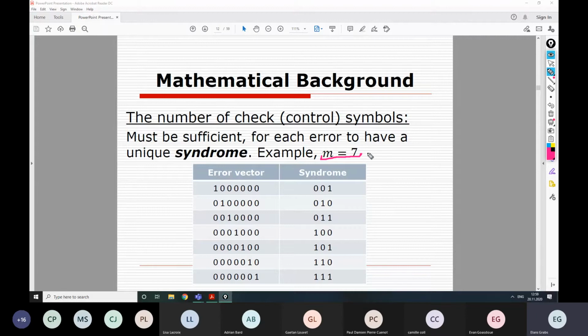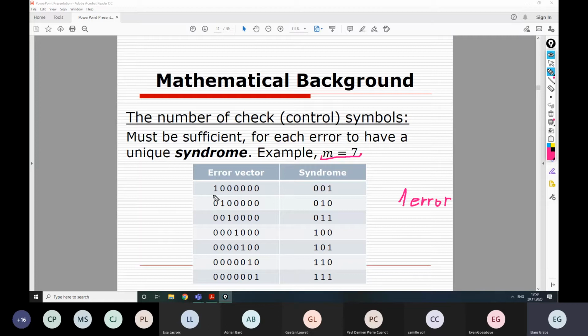And we need to tell how many of the symbols are control symbols. Then, of course, it will be quite easy to tell how many of the symbols will be data symbols. So let's assume that we are talking about a single error correction code, which is capable of correcting only one error.